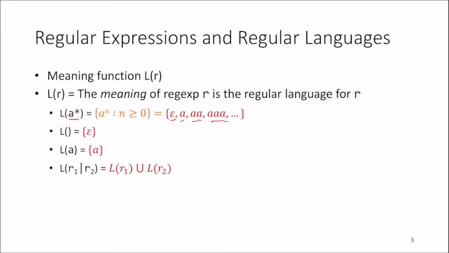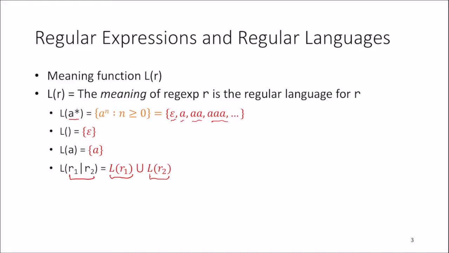Then you can take R1 and R2, two different regular expressions. So this is a string R1 with a bar, a pipe, and an R2. So that stands for alternation, or R1 or R2 is the way you read it. And the way that we can construct a meaning out of that is to take the language of R1 and the language of R2, and then take the union of those two.